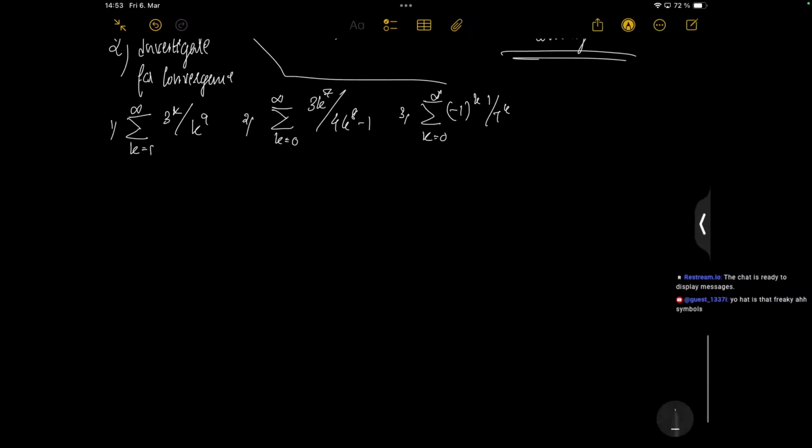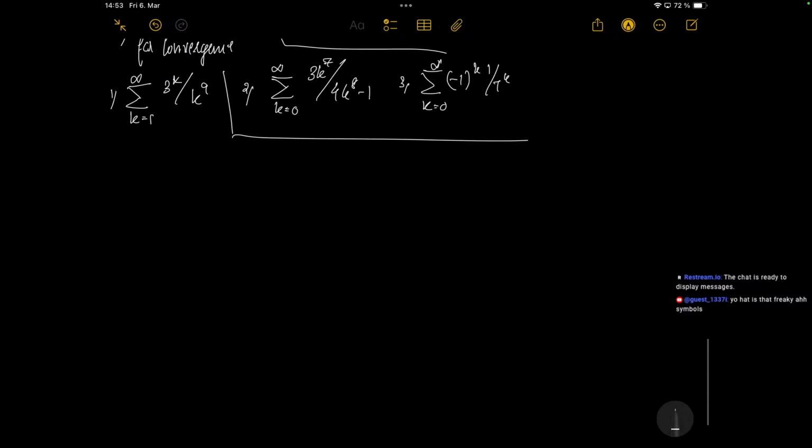So, let's look into this. So far, if we're going for the first question, we got this. K equals 1 to infinity, 3 raised to k by k raised to 9. Did I just rewrite that? Yeah, I did.